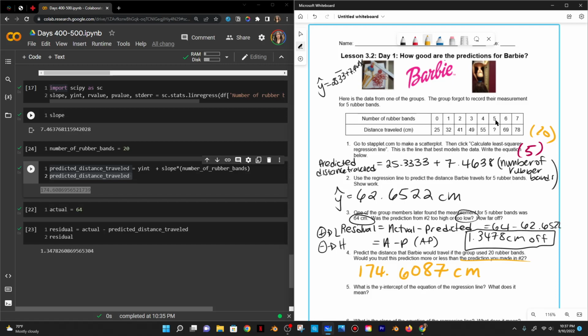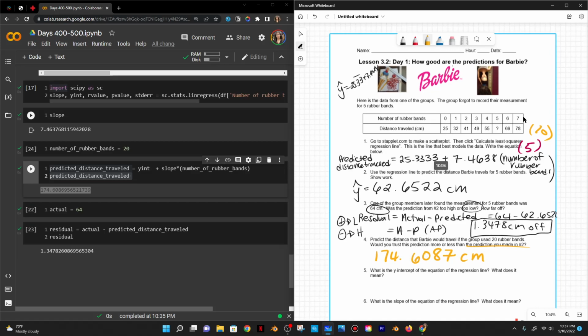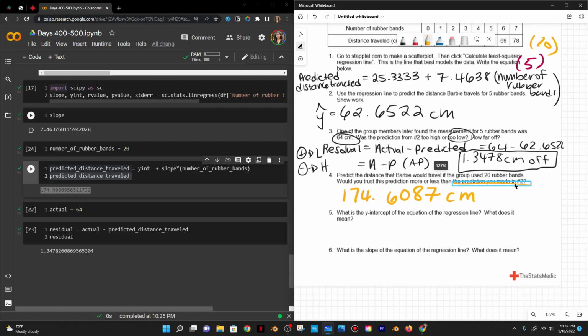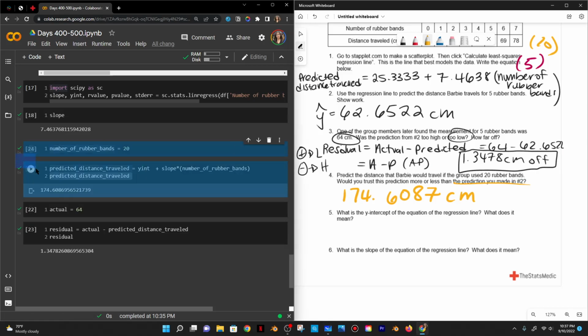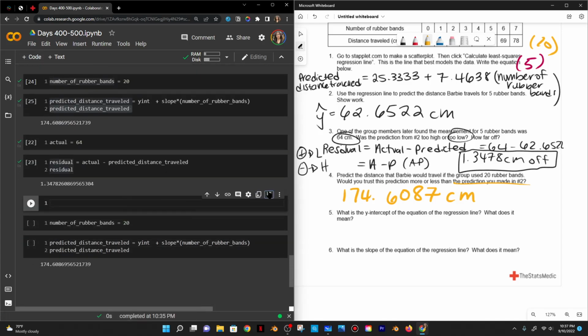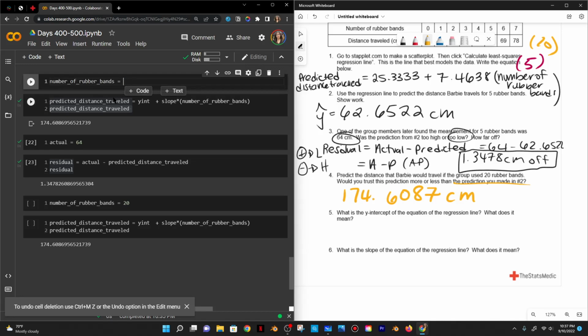Maybe even 8, maybe even 9. But 20 is too far off from the data, and so the least squares regression line is really just guessing at that point, and it doesn't have data to fit in. So for that reason, the prediction made in number 2 is more trustworthy than the prediction made in number 4, right? Let me copy these two, paste that in here, and turn this back to 5, just so I have the code for the other stuff here.